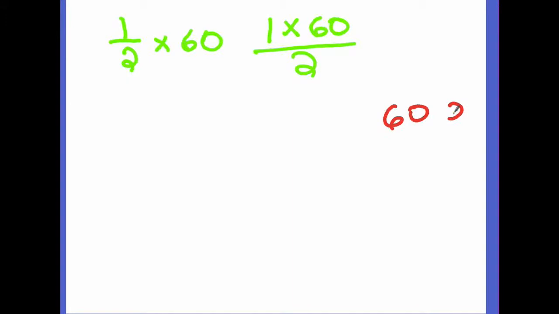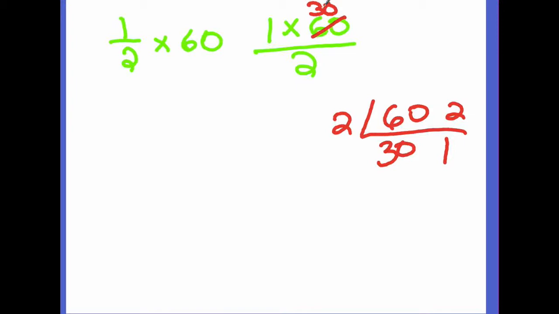Remember, if you don't know, you can do this. What goes into both 60 and 2? 2. How many times is 2 going into 60? 30. How many times is 2 going into 2? Once. So what number is going to replace 60? 30.